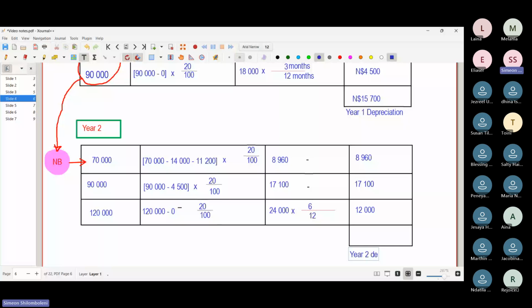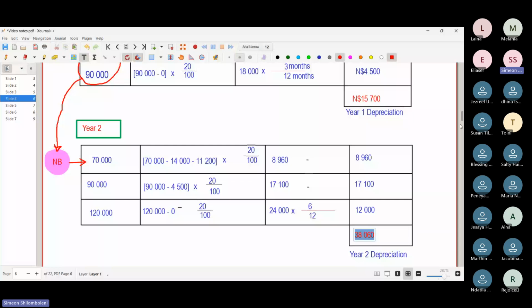So the year 2 depreciation is therefore 38,060. Now this is the second year.